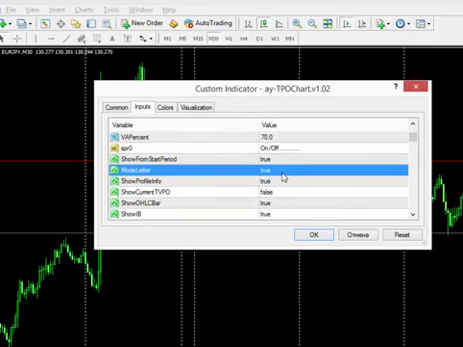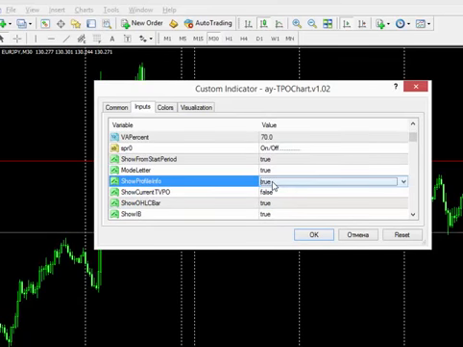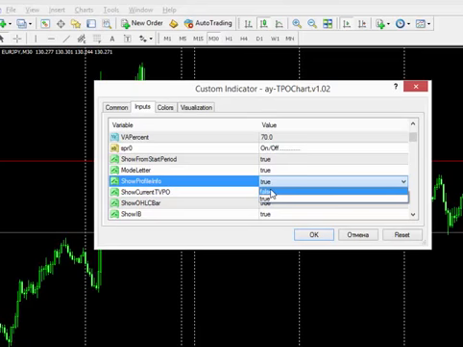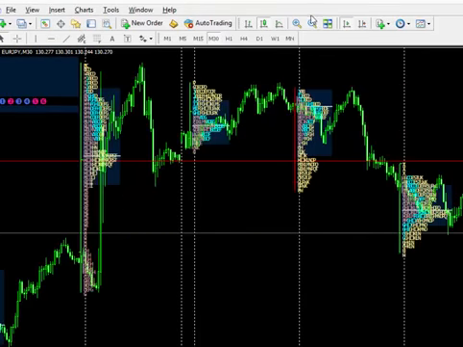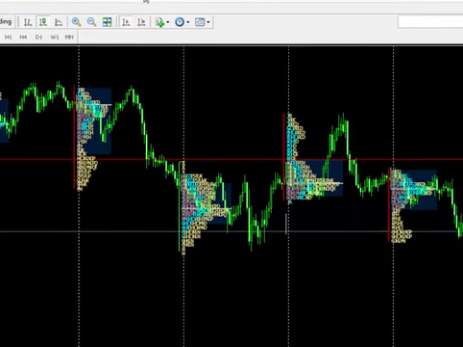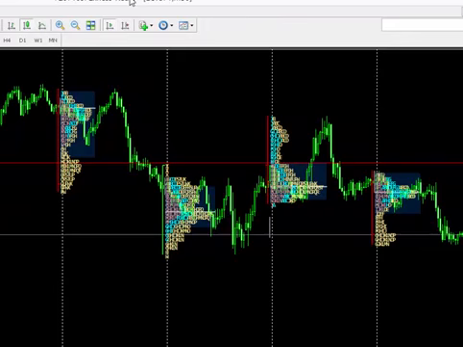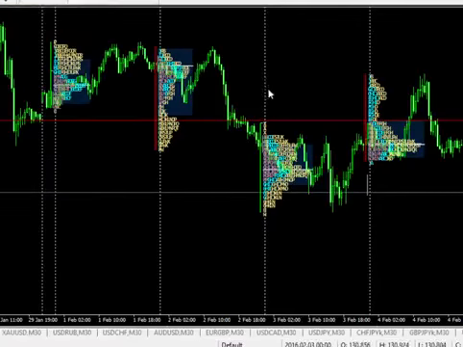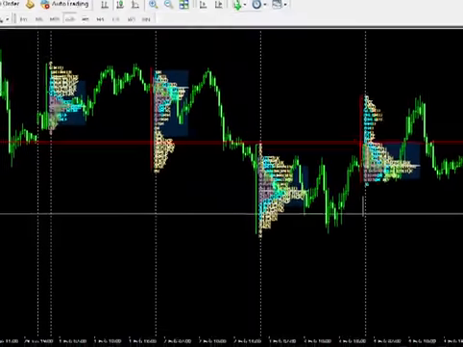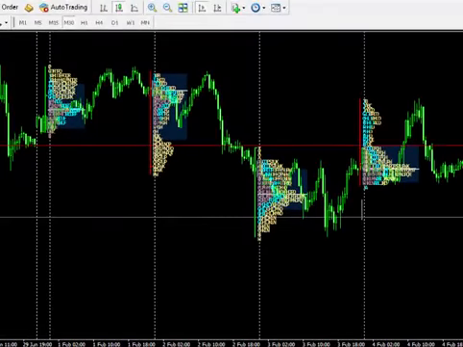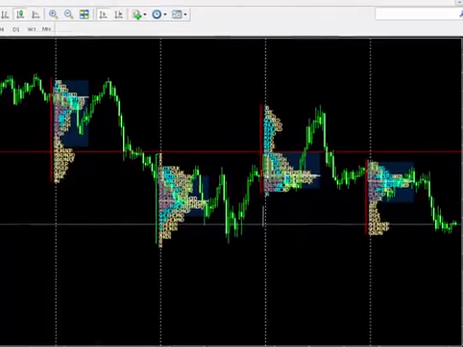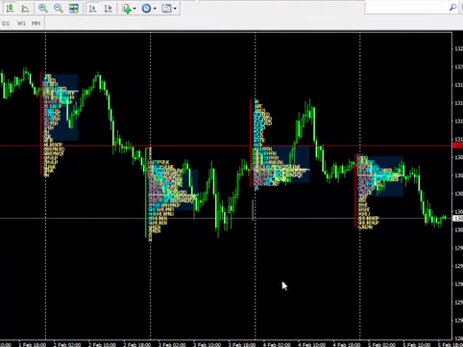And also I will place false on show profile info. And that's what I have. That is a profile. Now I am having a profile established on the Euro versus Japanese yen chart, and you see that I have a candlestick chart aligned with the market profile.